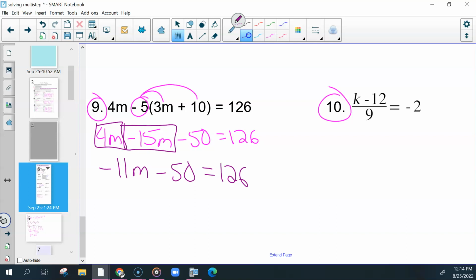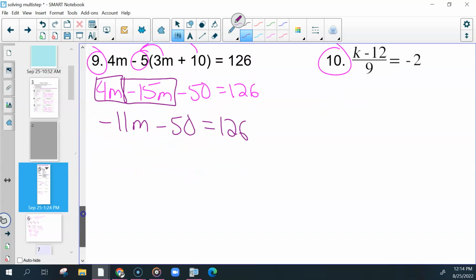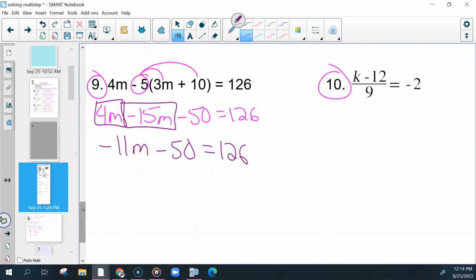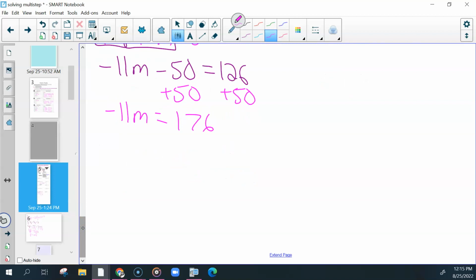And now we can solve this like a normal problem. What would be our next step? Add 50. Do the outside as well, right? 176. And then our last step. Divided by negative 11.